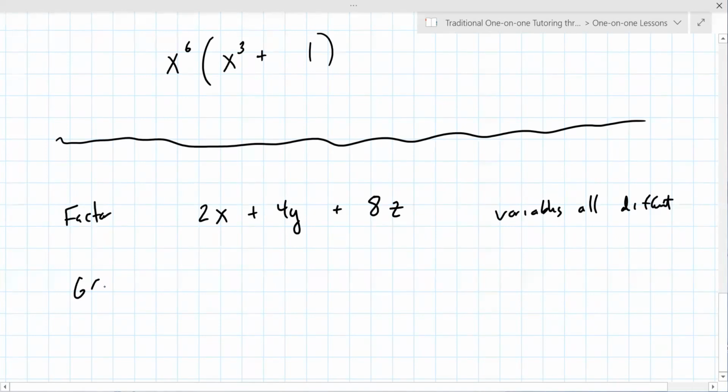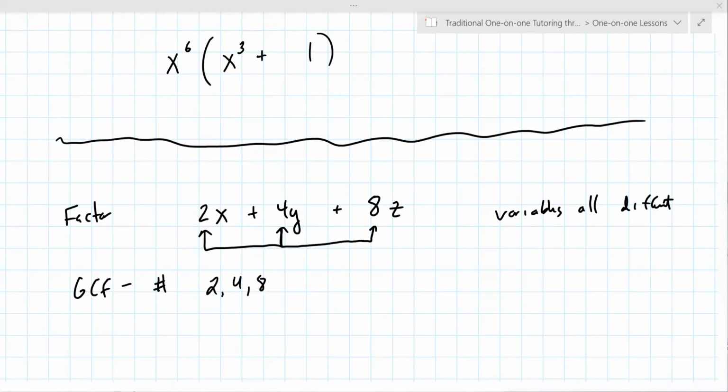So the greatest common factor can be a number. What number goes into all three of these? What number is common to 2, 4, and 8? What number divides all of them? 2.